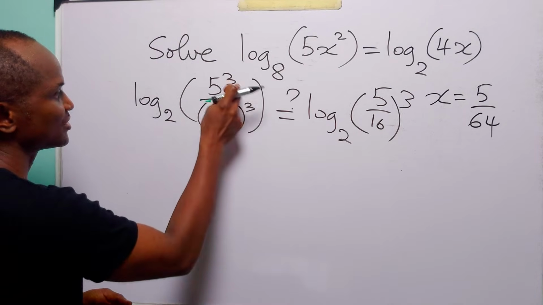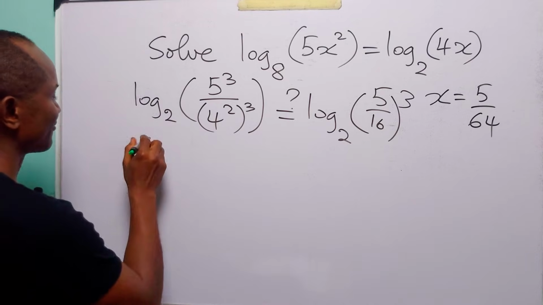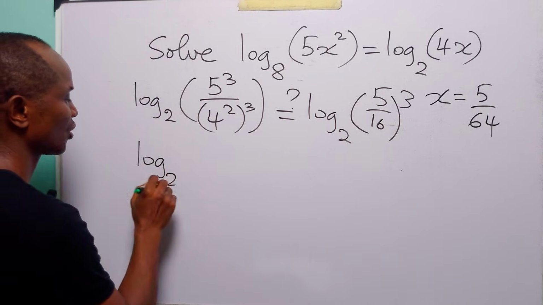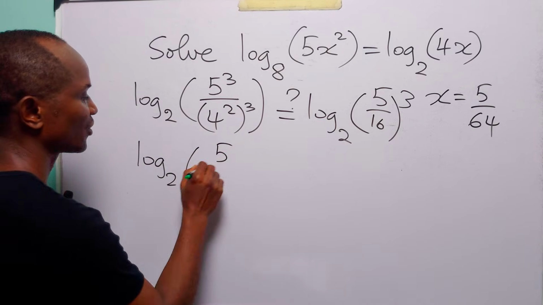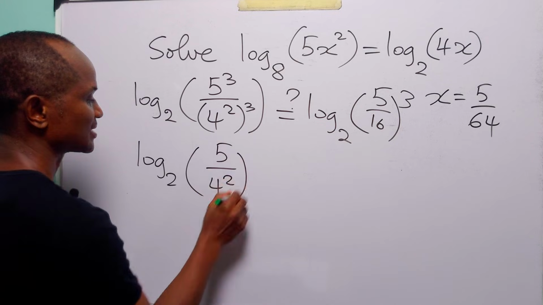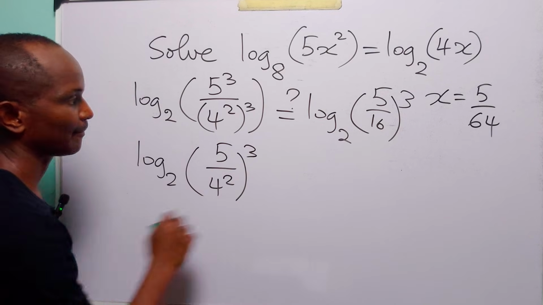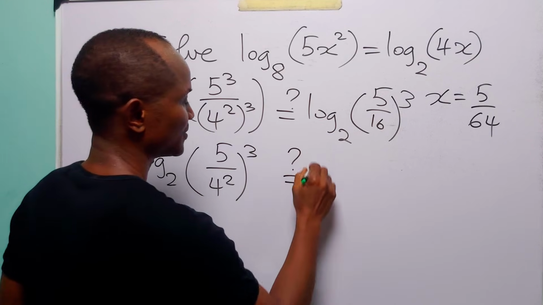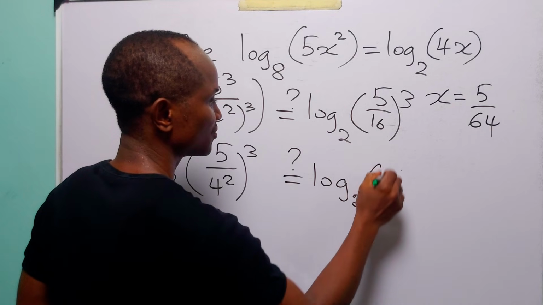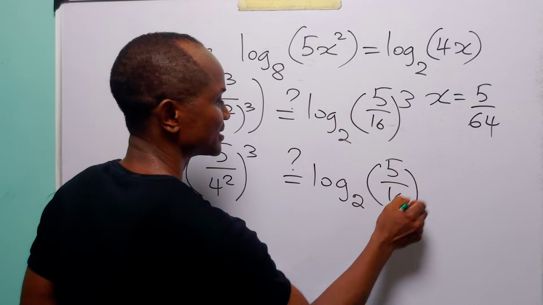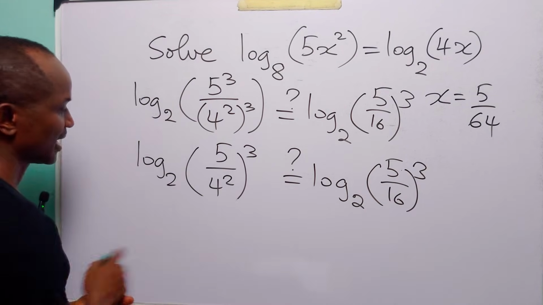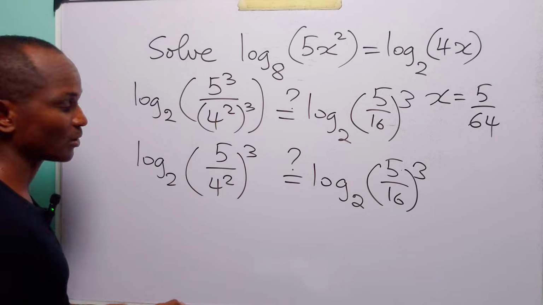And of course, since these two powers are the same, we can write this as log to base 2 of 5 over 4 squared to the power 3. And here we still have log to base 2 of 5 over 16 to the power 3. And of course, 4 squared is equal to 16.